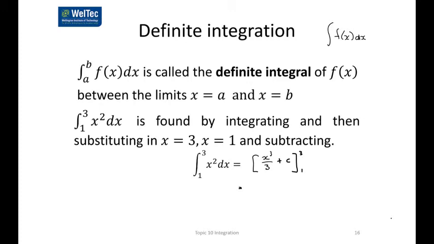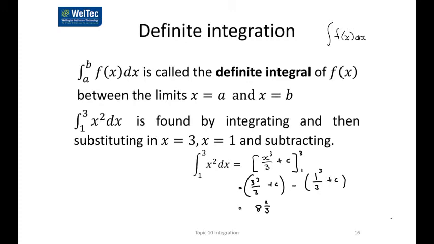But what we'll actually find is we substitute in 3, so that would be 3 cubed over 3 plus c minus 1 cubed over 3 plus c, and the c's disappeared, so we end up with 8 2/3. We don't need to have the c, because c minus c goes.